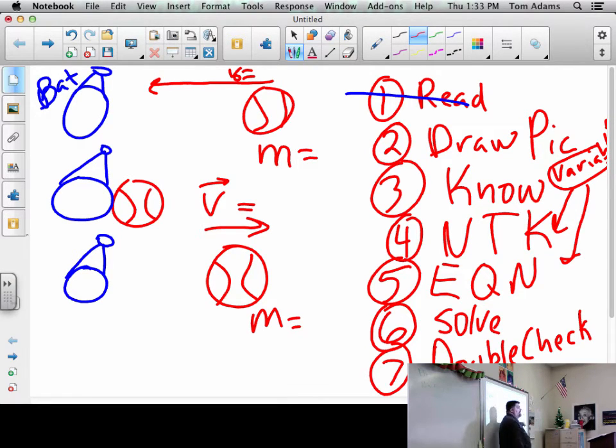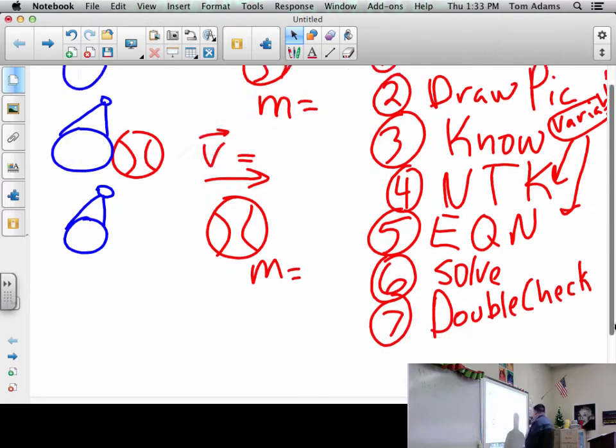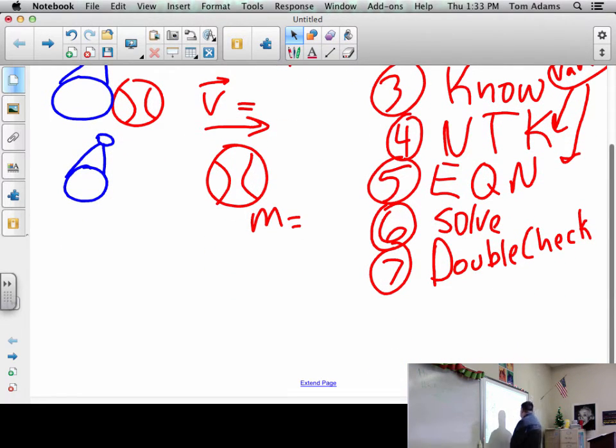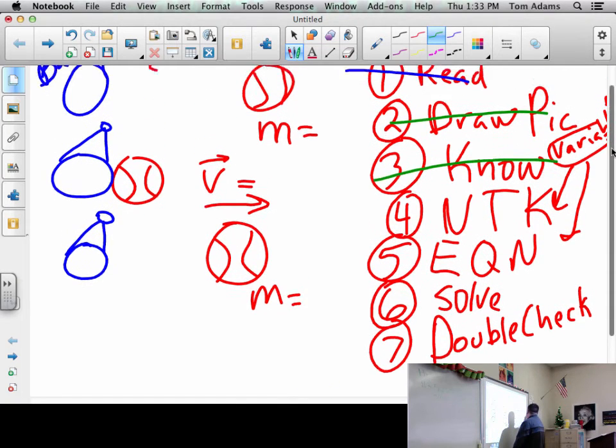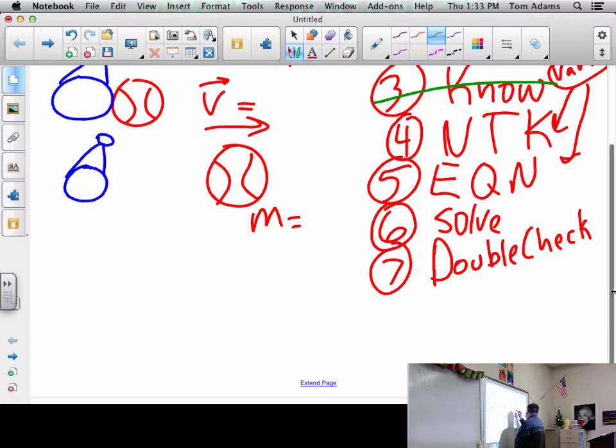So we're looking at the change in momentum, right? We've gone through and listed what we know, and we've drawn the picture, and now we get to what we need to know. What I need to know is the change in momentum, because that's really what the question is asking.